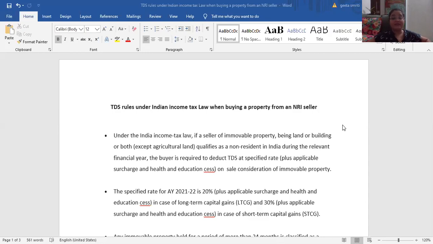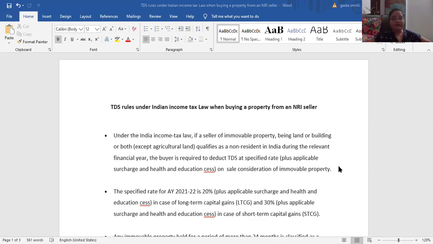Please note that when the seller is not an NRI but a resident Indian, then the TDS rule differs. So we've understood that TDS is applicable whenever it is an NRI seller, irrespective of the sale transaction amount.